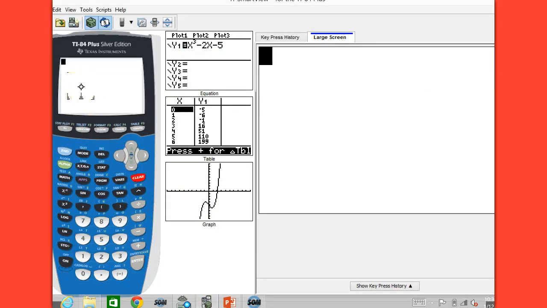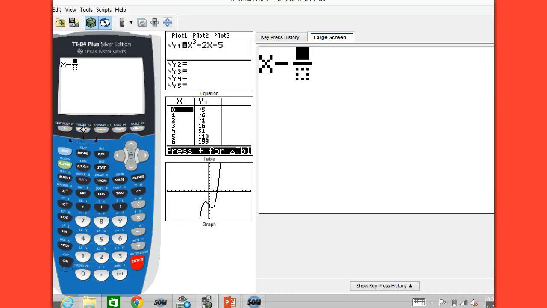All right, so to begin with, I'm going to type in my equation. Okay, so let's type our equation into the calculator. Remember that we're putting in x minus the original divided by the derivative.